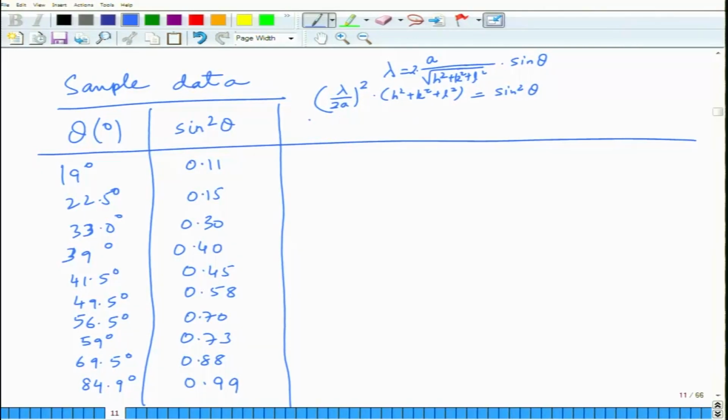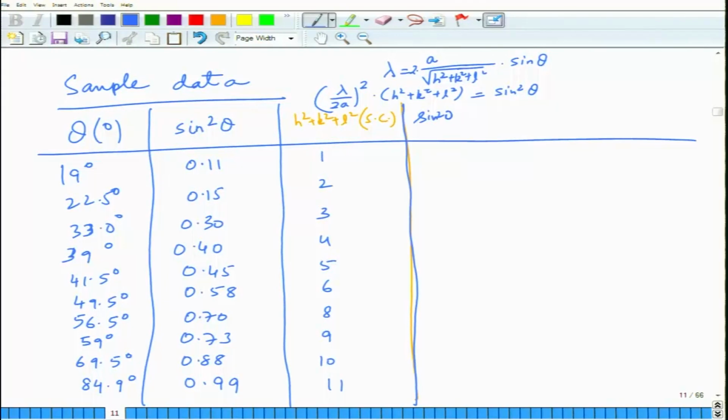so we can do it first manually. For the simple cubic case, h square plus k square plus l square should be 1, 2, 3, 4, 5, 6, there is no 7, 8, 9, 10, 11, all right, which means my sin square theta divided by h square plus k square plus l square should be constant.